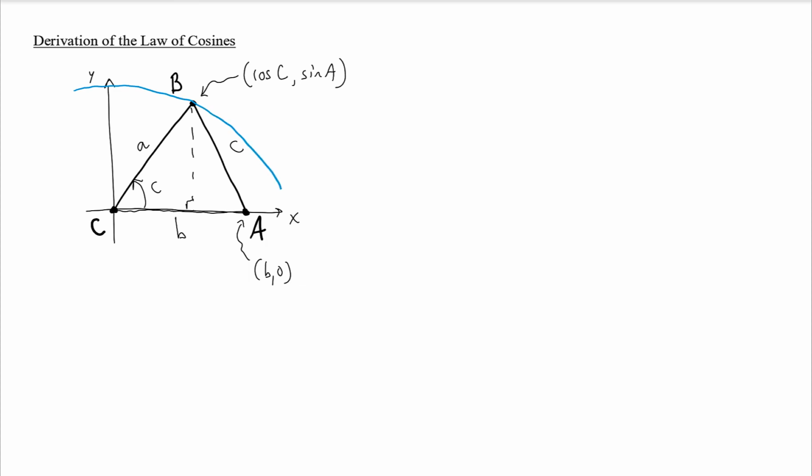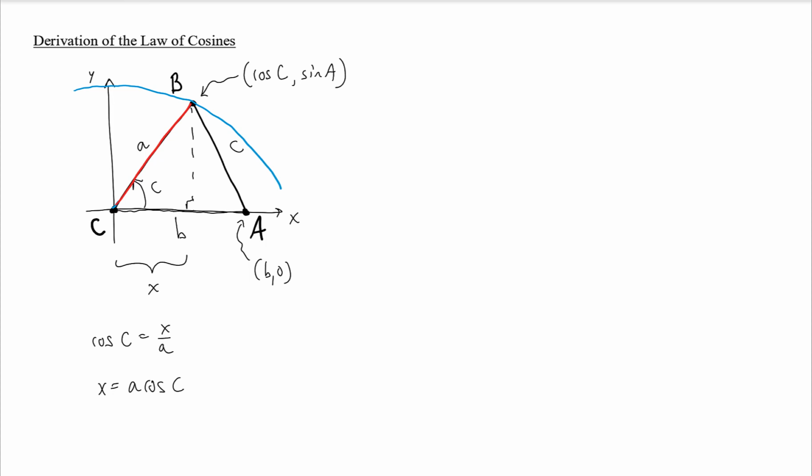This would be the radius of the circle, and it has length A. We don't know that that length is 1, we just know that it's length A. So, for example, this distance X, so cosine of the angle is X over R. So X is equal to the radius times cosine of the angle. Well, the radius is A. So this is actually A cosine of the angle C.